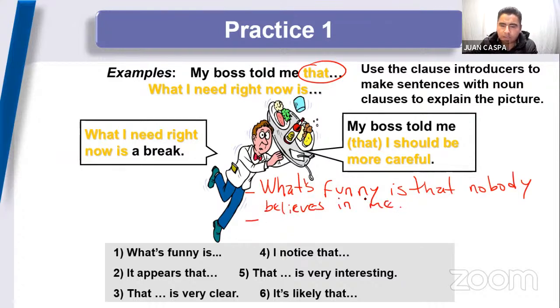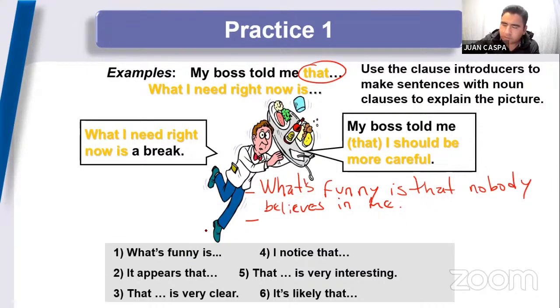Yeah, the idea is that we are introducing a sentence, right? Or clause introducer. For example, what's funny is that nobody believes in me is the clause, right? Or the idea. It's just fine. So you are introducing only just one idea.